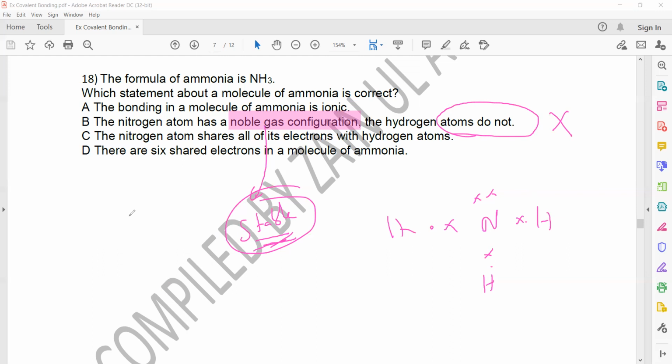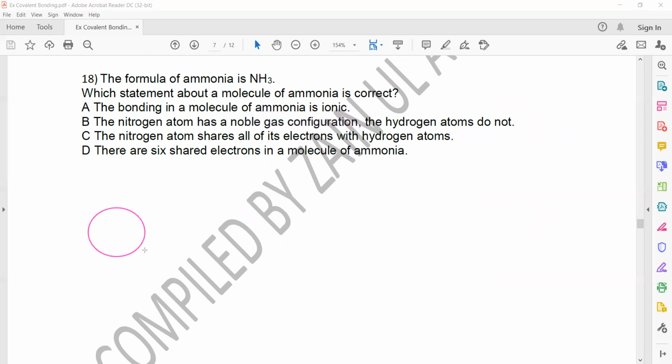How is it stable now? As you can see, hydrogen has 1 electron in the first shell. The first shell can have a maximum of 2. And nitrogen has 5 electrons, so it needs 3 to be stable.